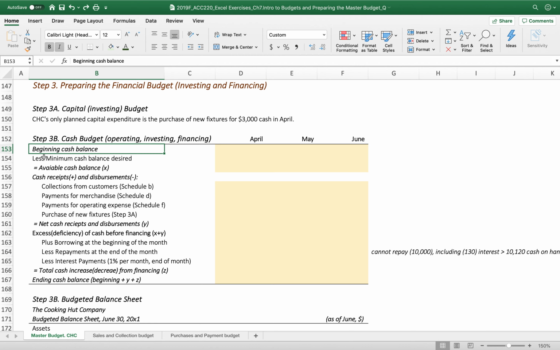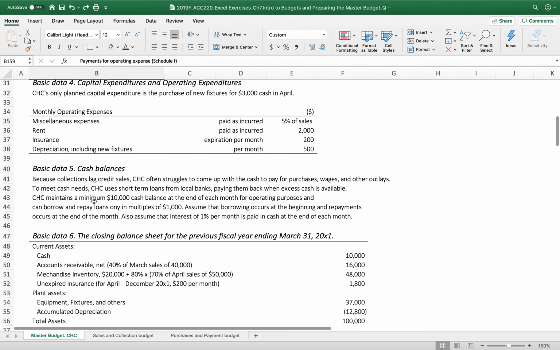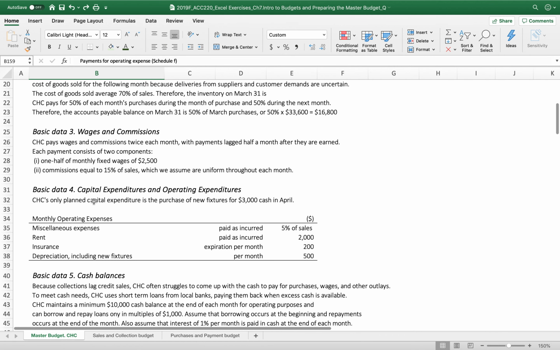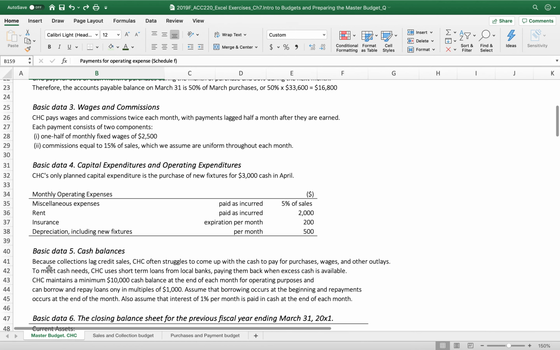As you can see, we have the beginning cash balance for April, May, and June, less the minimum cash balance desired. How much was it? We have this information. Because cash collections lag the credit sales, CHC often struggles to come up with the cash to pay for purchases, wages, and other outlays.